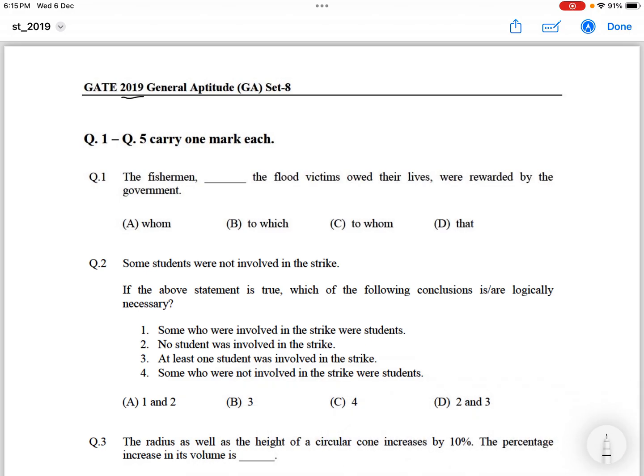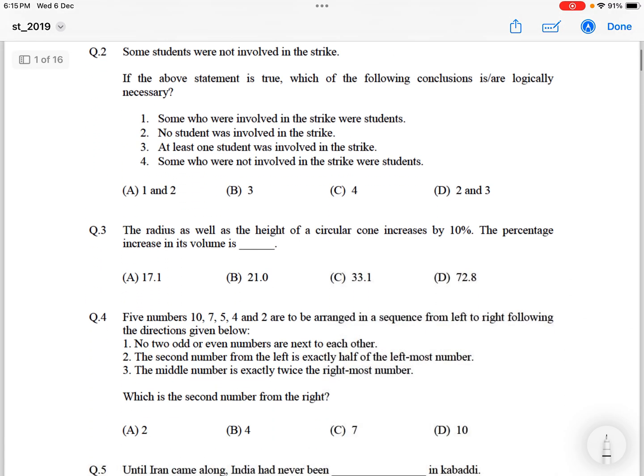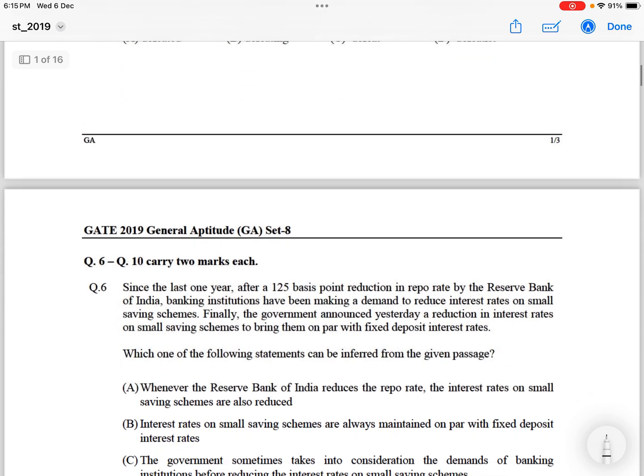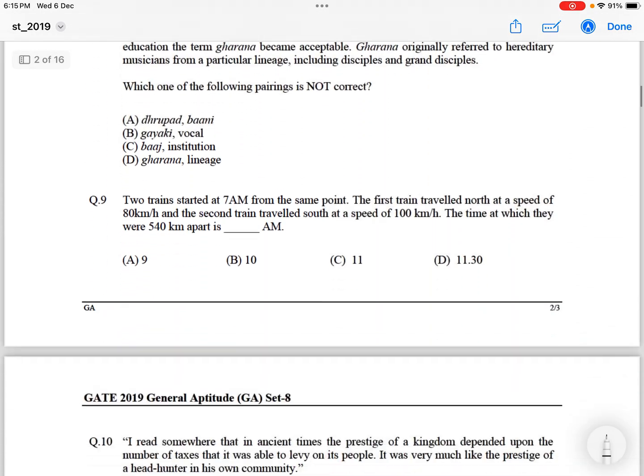Those are all in the same playlist, and we are solving according to the syllabus of data science and artificial intelligence, and the subject is linear algebra. So let's start with the 2019 paper from statistics, and let's directly jump onto the questions.